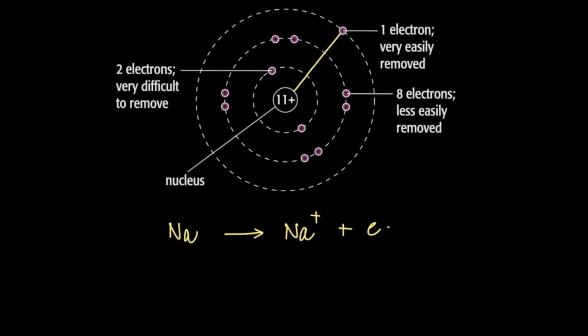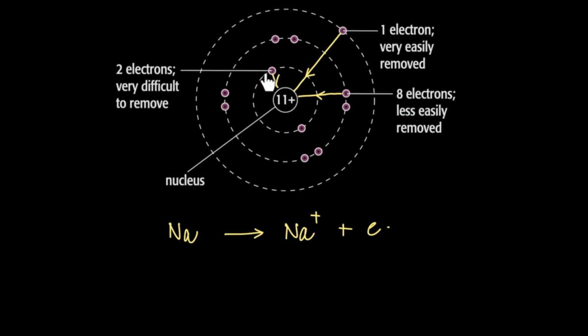By the way, all of these are being pulled by the nucleus, right? Now, the outermost is the easiest to be removed because it's the furthest away. Therefore, its attraction by the nucleus will be the least. Then the middle 8 will be a little harder but easier than the innermost, because the innermost is the closest.